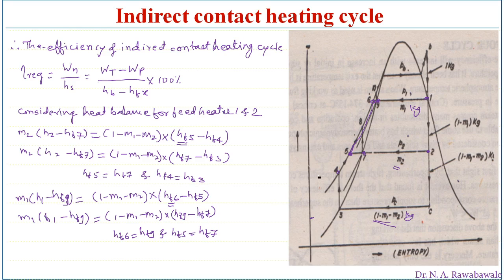So this is how for heat exchanger 2 we have this equation. So this is equation number 3, this is equation number 4, and this is number 5 for heat balance.